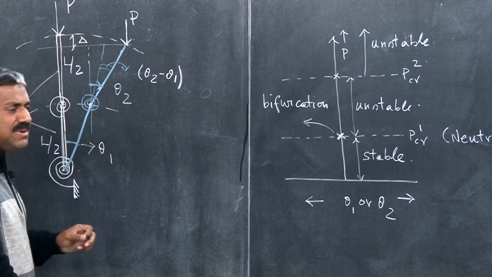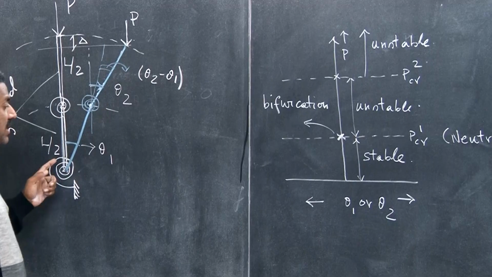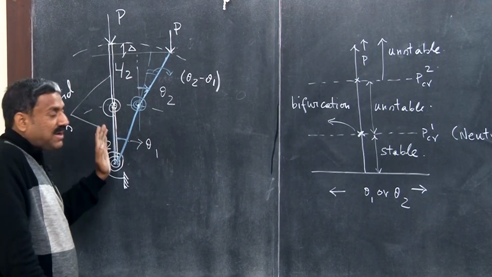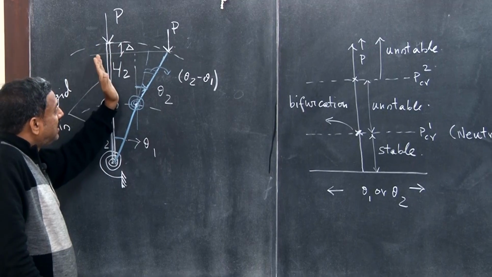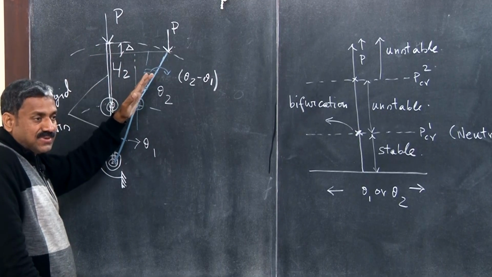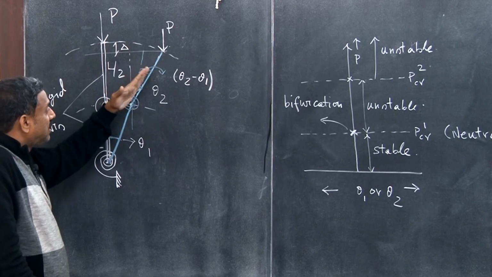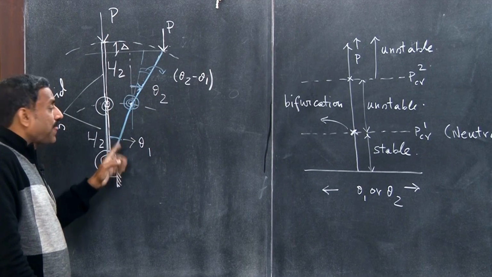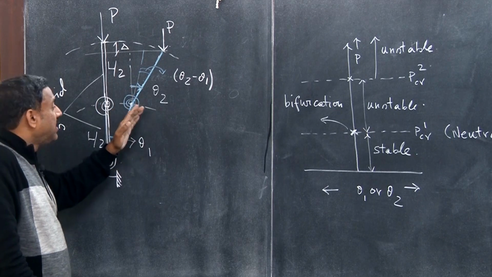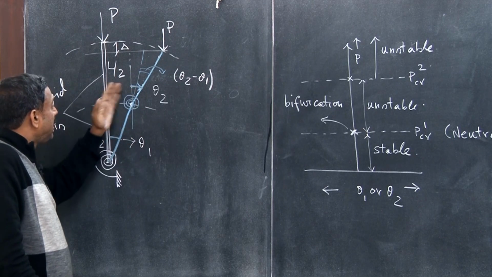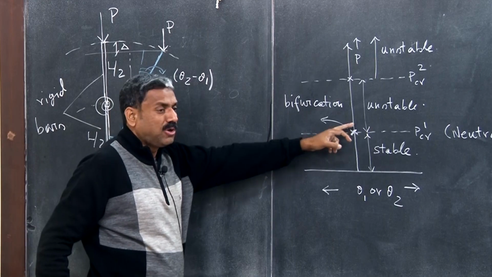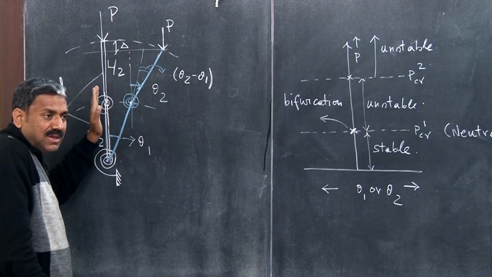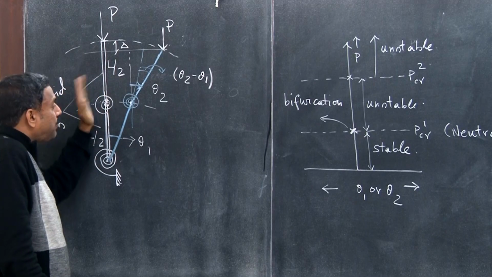Why is it losing its symmetry? Because look, when theta 1, theta 2 is 0, this is fine, it is symmetric. But when it is losing its stability, in an alternate configuration theta 1, theta 2, the system will remain there; if it goes slightly beyond that, it will diverge towards this side, it will not come back.